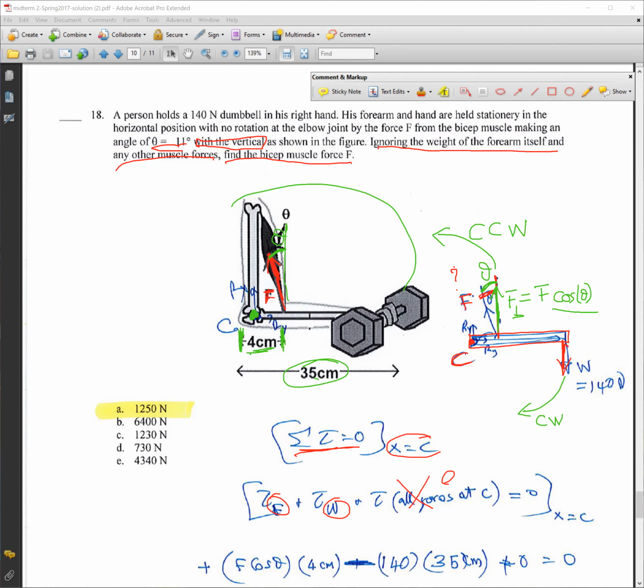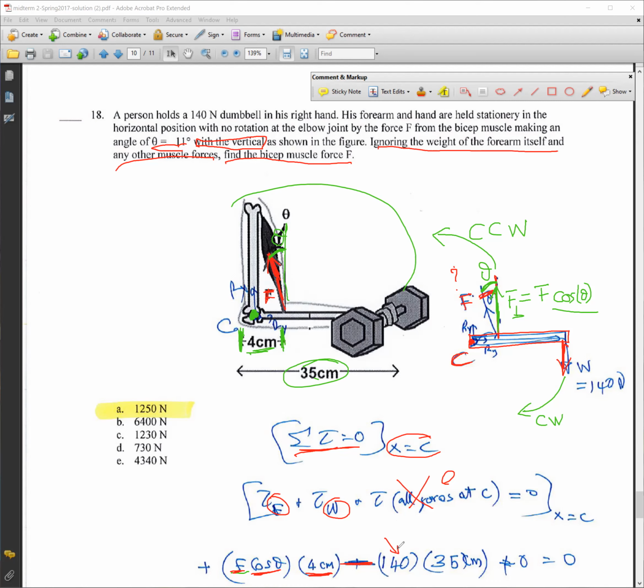Now, let's put this down. So in the net torque, I have force times cosine theta times the distance from the fulcrum to where the force is acting, and then minus the torque due to the weight of the dumbbell. That will be your mg.